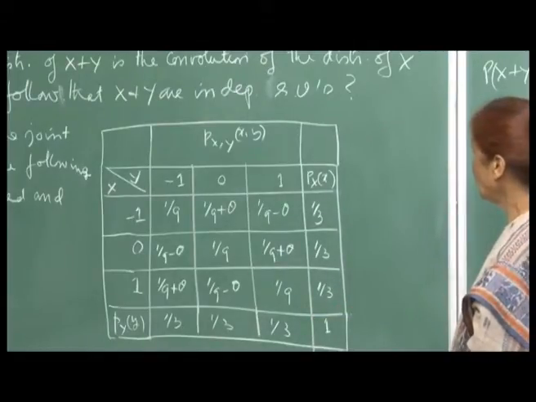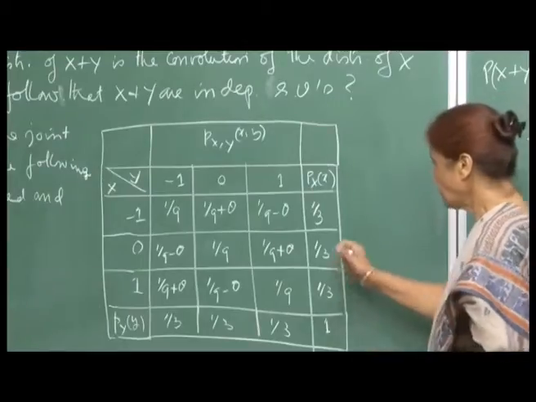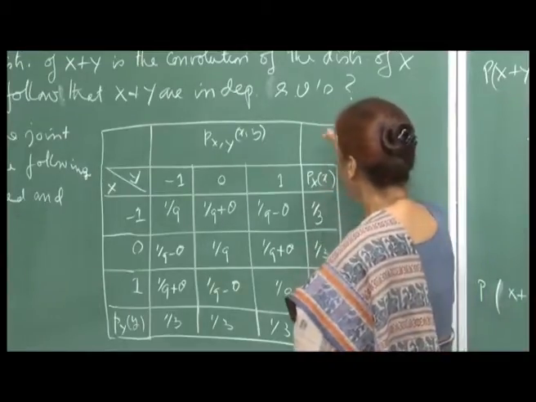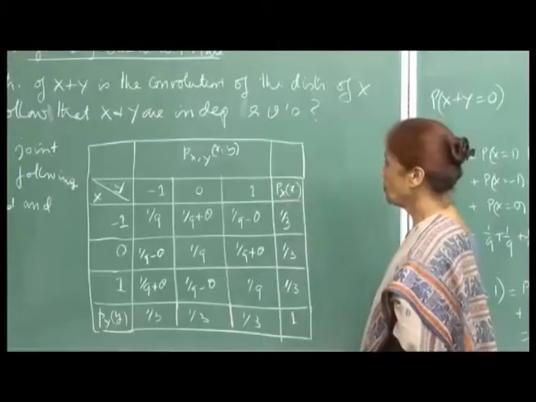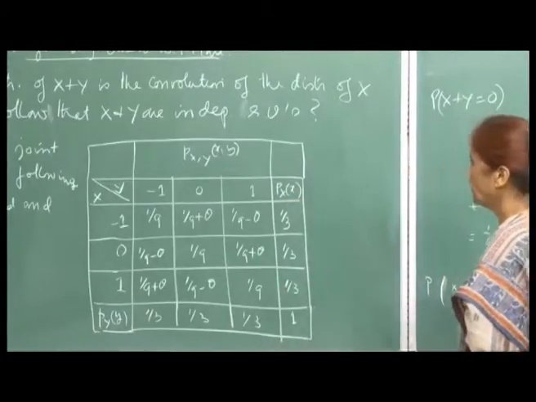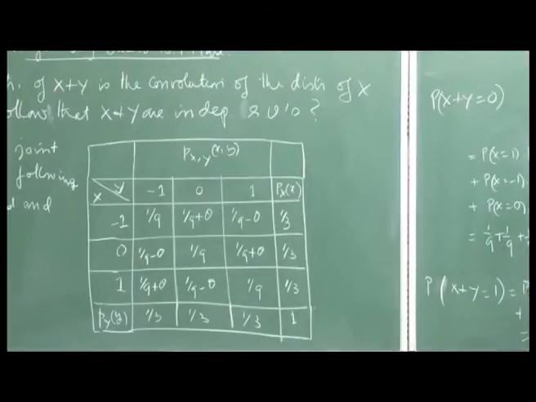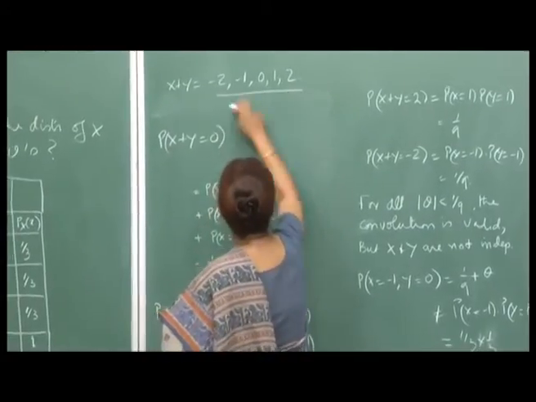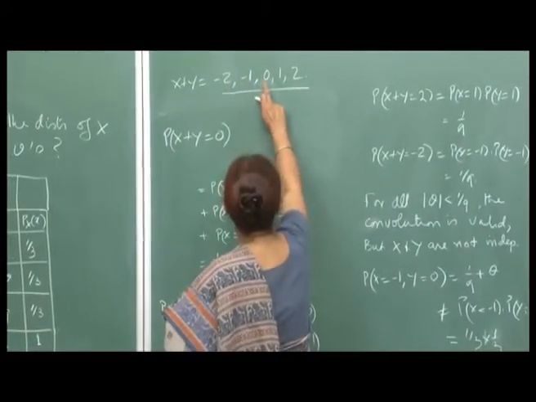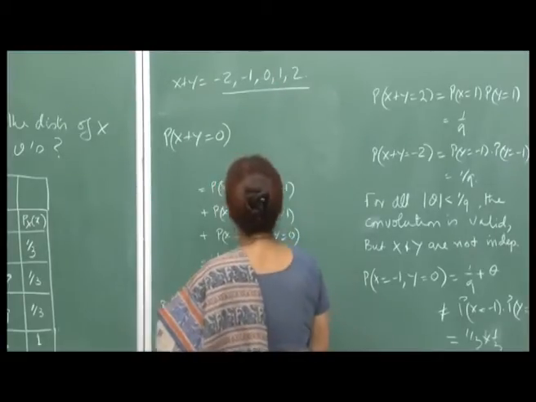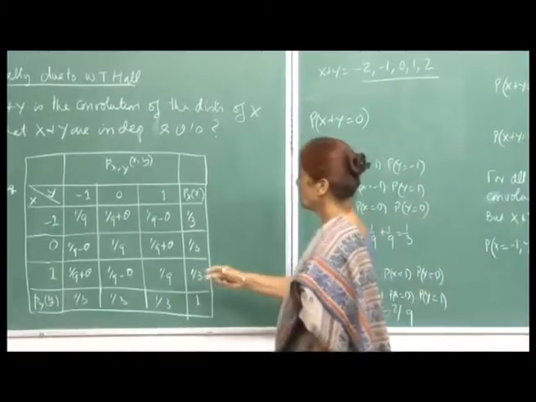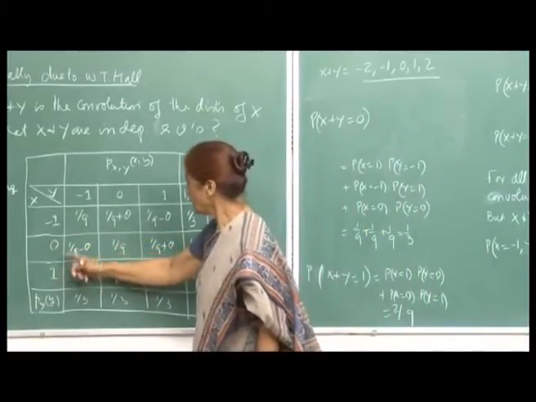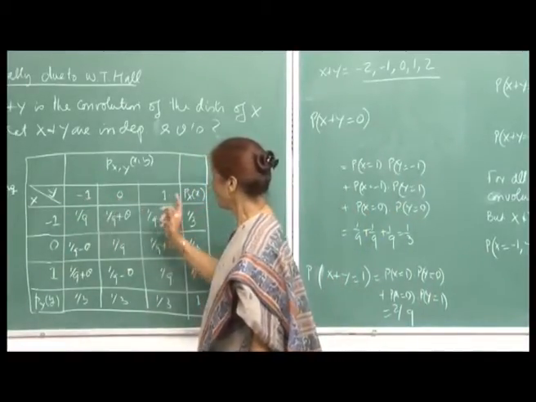Now we want to verify that the distribution function of x plus y is a convolution of the distribution functions of x and y. The values that x plus y will take are -2, -1, 0, 1 and 2, because x takes the values -1, 0, 1 and y takes the values -1, 0, 1.